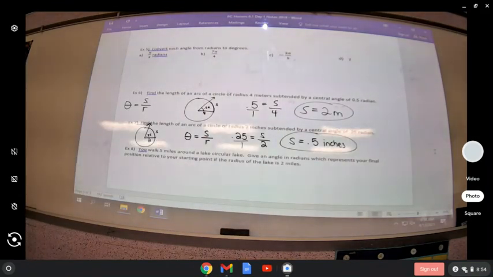And you should find out that the length of that arc is about half an inch. Is everybody okay with that? Nice and easy. You have an arc length, you have a radius, and you have an angle in radians.